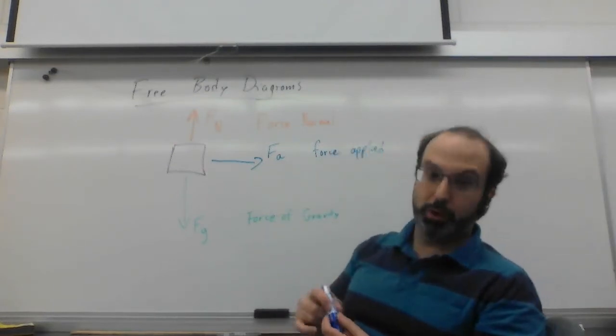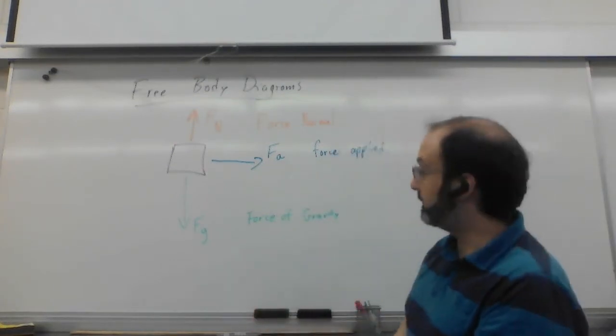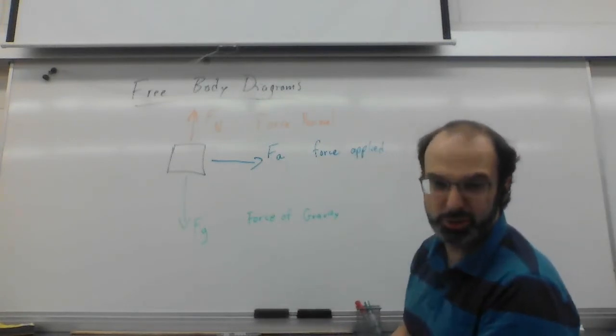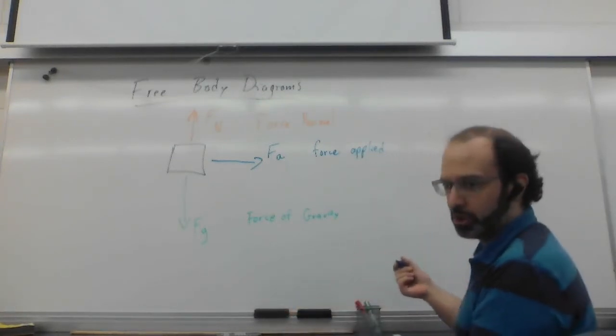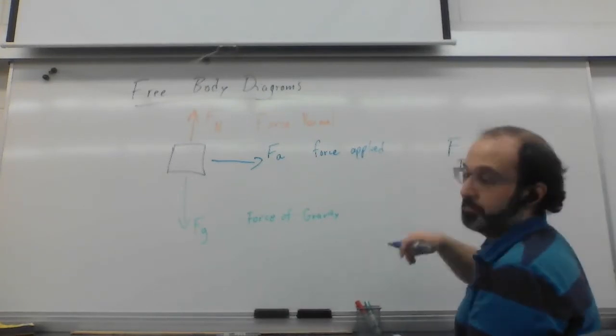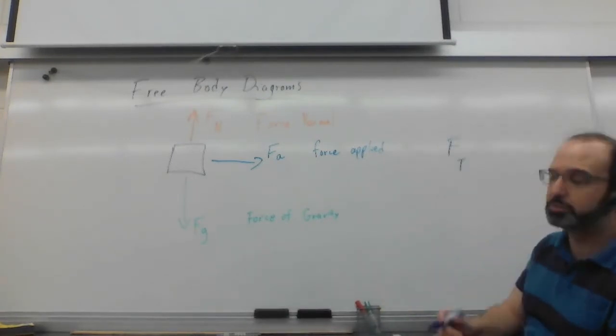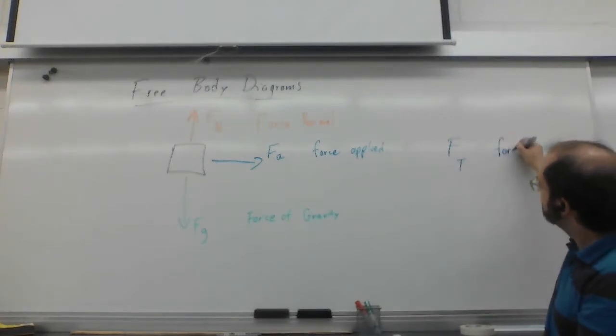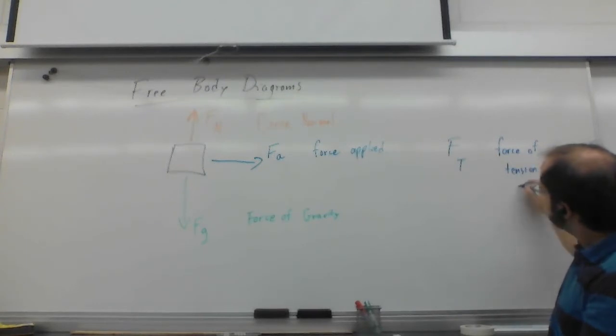Force applied is one of many terms that we're going to see. Fa, force applied, usually by a person or a machine, like a car or something. There's also going to be Ft. Ft can be considered the force of tension or thrust.